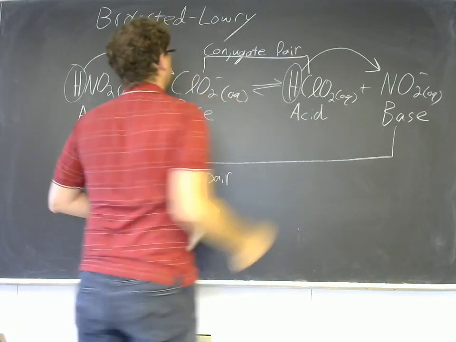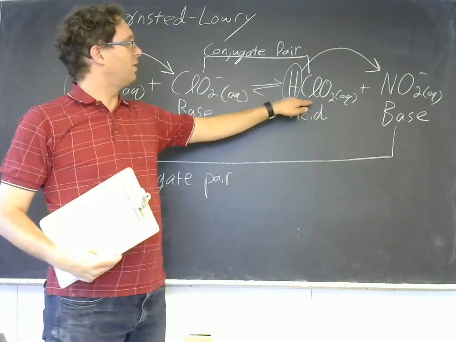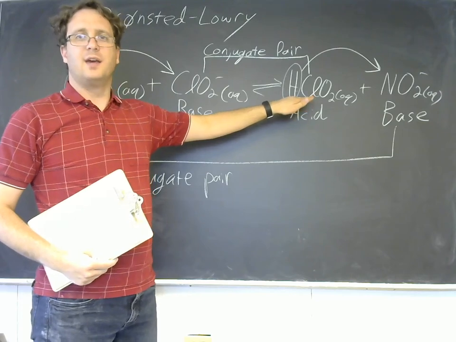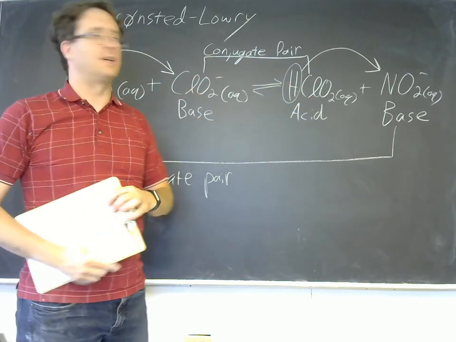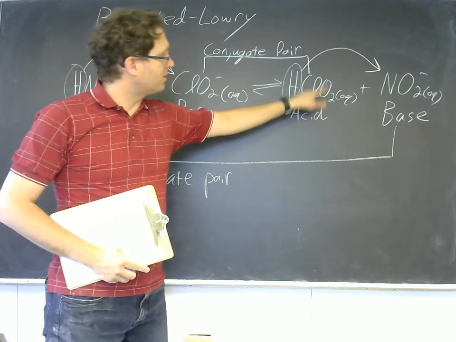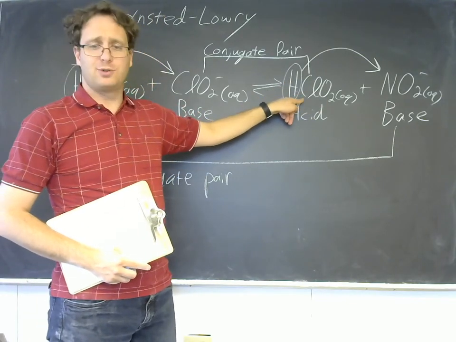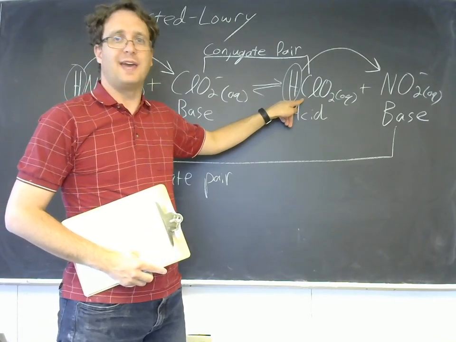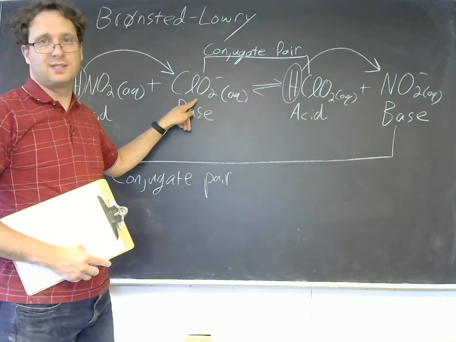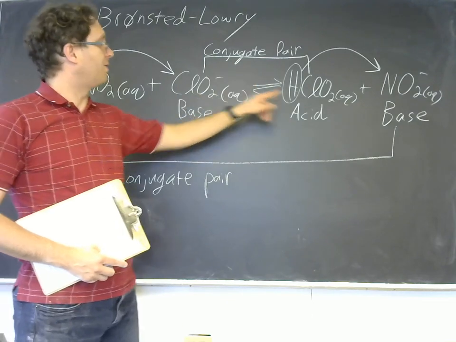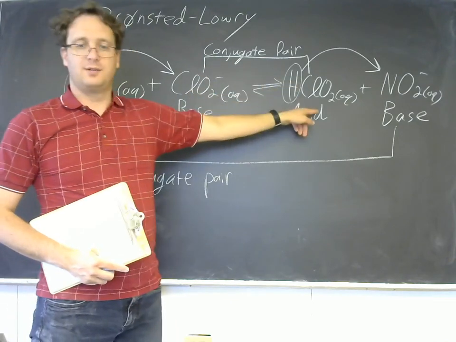So I could look at chlorous acid and say, what is the conjugate base to chlorous acid? And you would look at it and you'd say, well, what does HClO2 look like if I remove H plus from it? It looks like ClO2 minus. And so that is the conjugate base to chlorous acid.